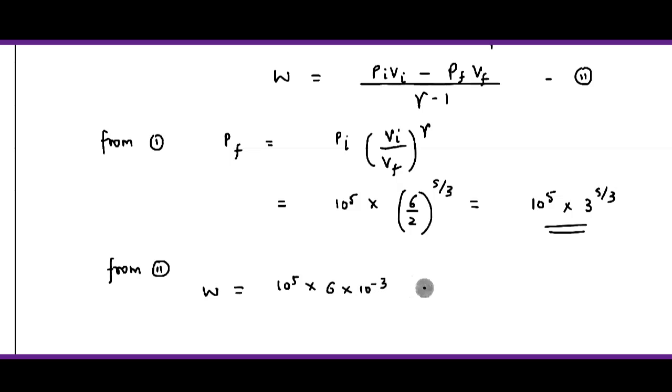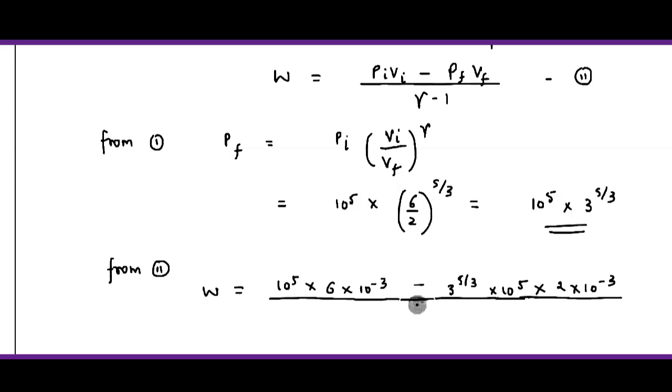This is PiVi minus Pf, which we have just calculated: 3 raised to 5 by 3 into 10 raised to 5, with final volume 2 liters, that is 2 into 10 raised to minus 3 meter cube, dividing by gamma minus 1, that is 5 by 3 minus 1.